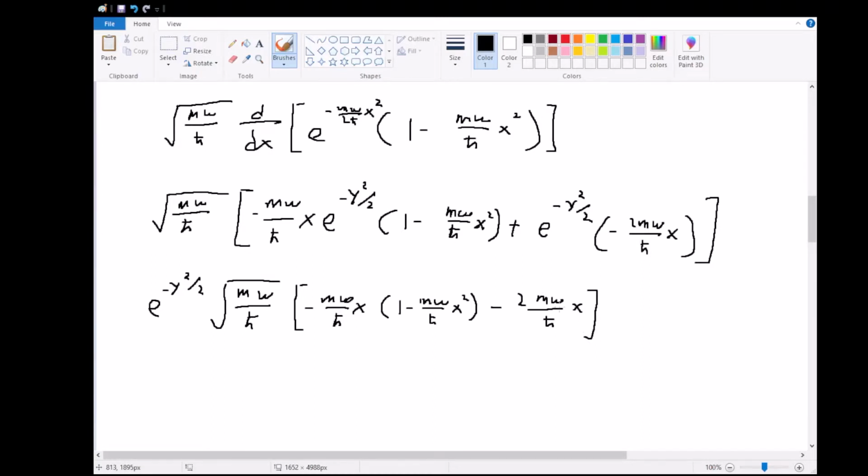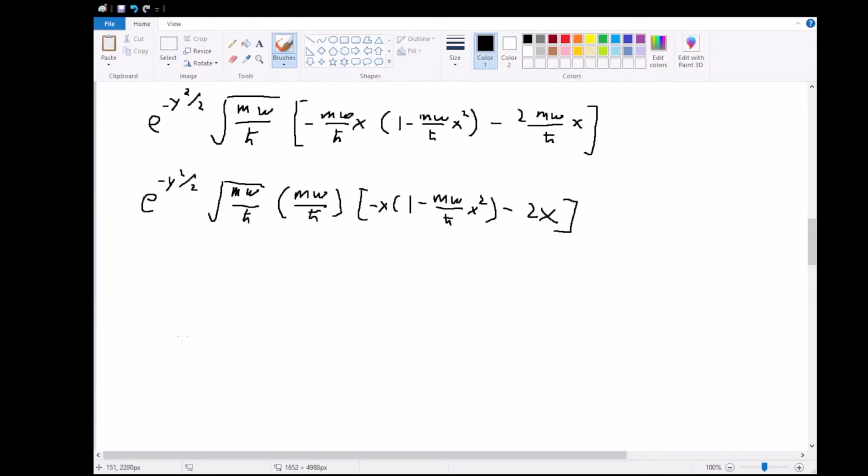So immediately we can take out an m omega over h bar, so this becomes e to the negative y squared over 2 times square root of m omega over h bar, multiplied by m omega over h bar. This gives us negative x times 1 minus m omega over h bar times x squared minus 2x.